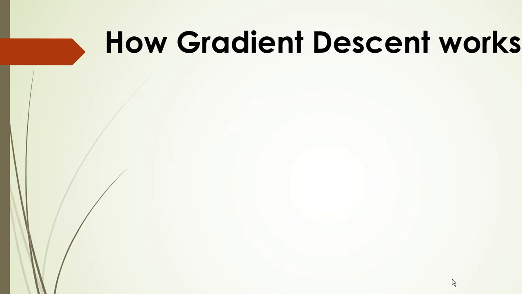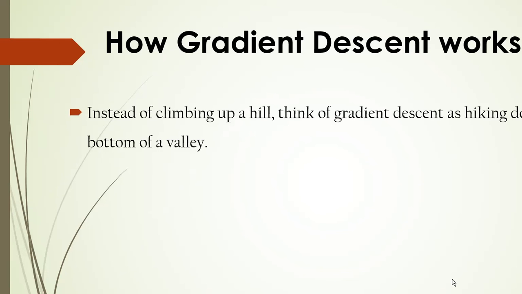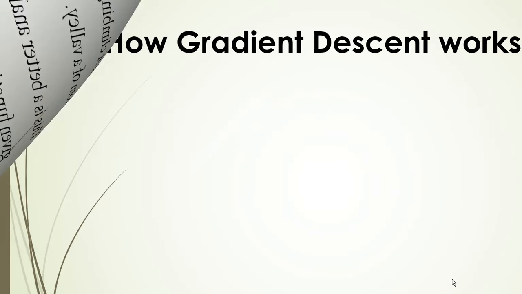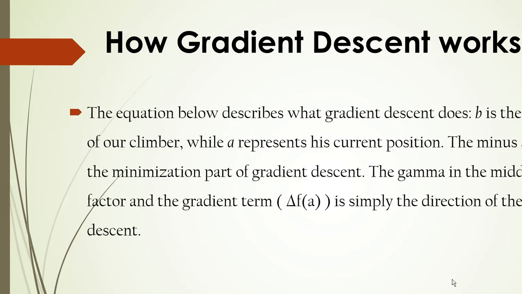So, how does gradient descent work? Instead of climbing uphill, think of gradient descent as hiking down to the bottom of a valley. This is a better analogy because it is a minimization algorithm that minimizes our given function. The equation given below describes what gradient descent actually does.